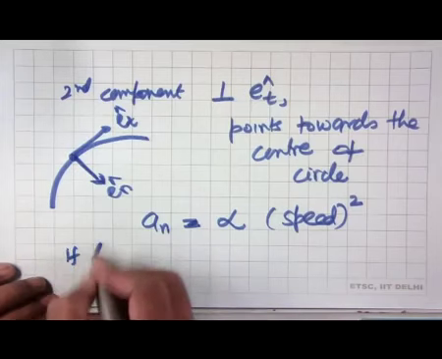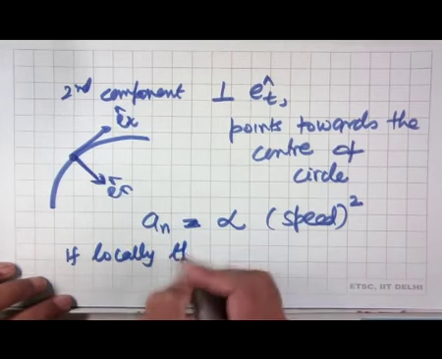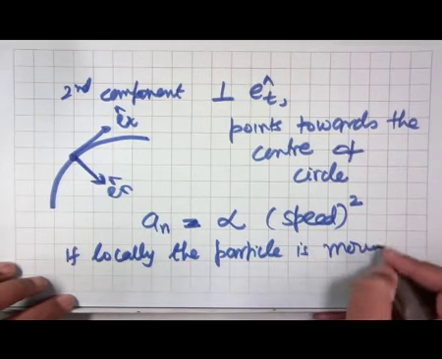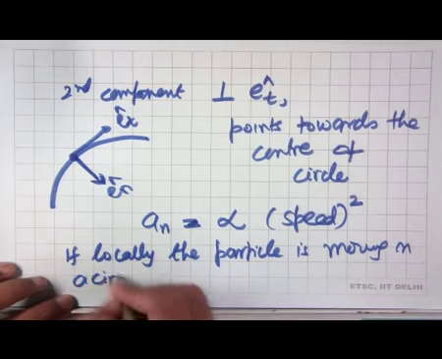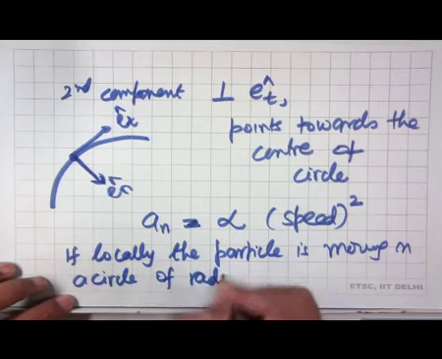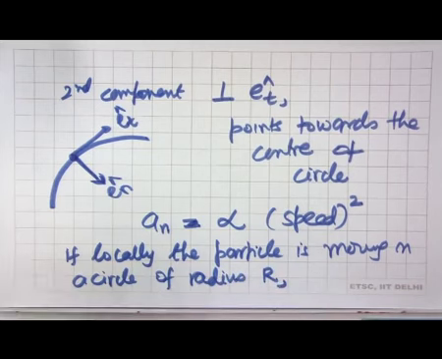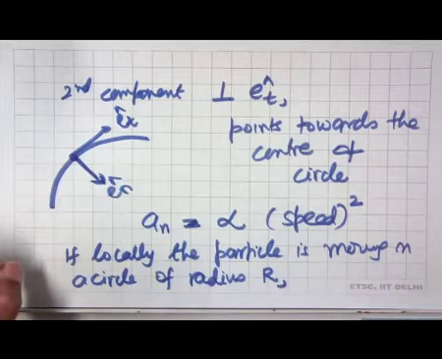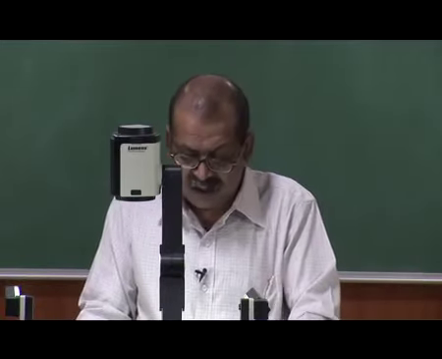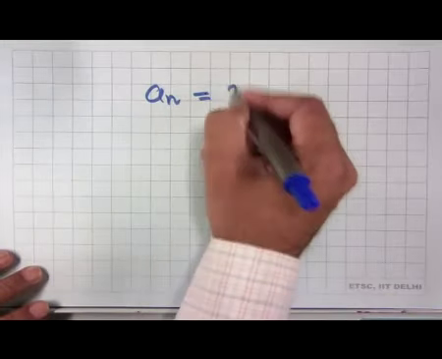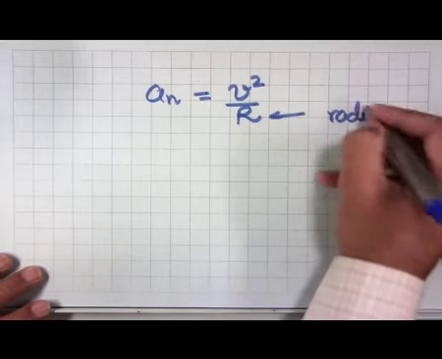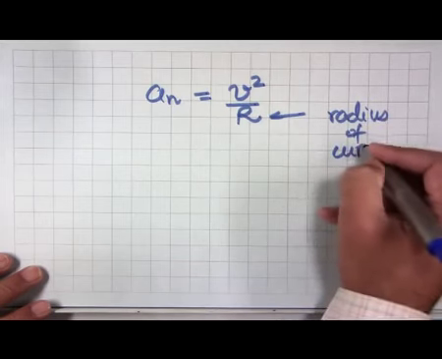If locally the particle is moving in a circle of radius r, at this instant, we assume it is a local circle, then the normal component of acceleration is given by v squared upon r, and r is called the radius of curvature of the path.